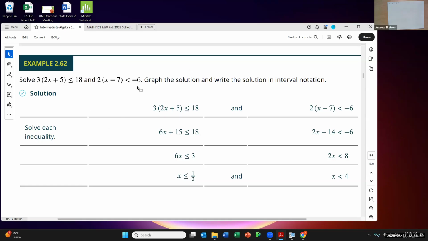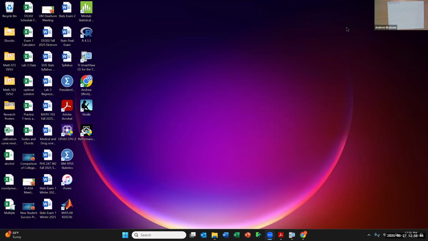So just making sure I've got the right thing on there. I'll actually do this the way the book did, step by step, and then do it the way that I would do it. So their first step, distribute these. 3 times 2, 6x, plus 3 times 5 is 15, less than or equal to 18.